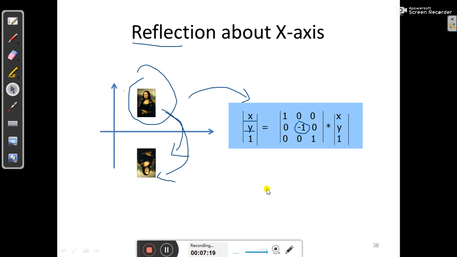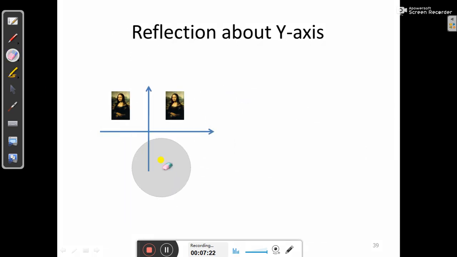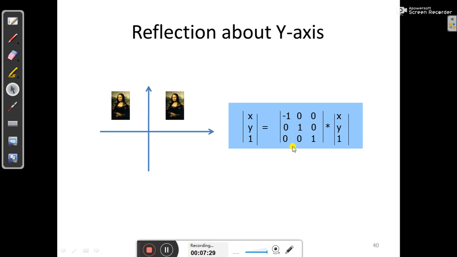And again, if you want to reflect the object with respect to the y-axis, then that factor will be multiplied with x. So x will be changed, but y will not be changed.